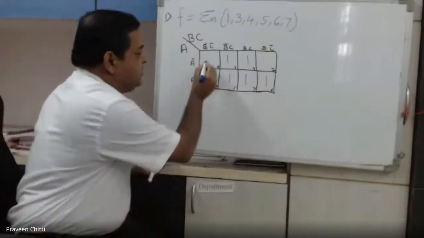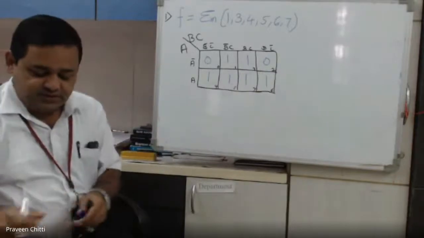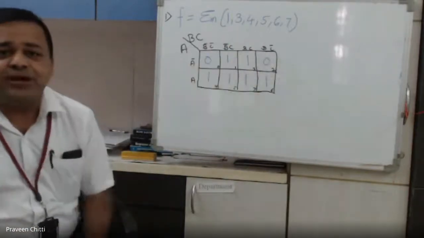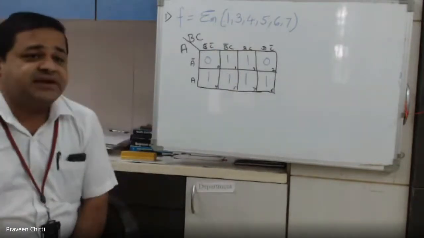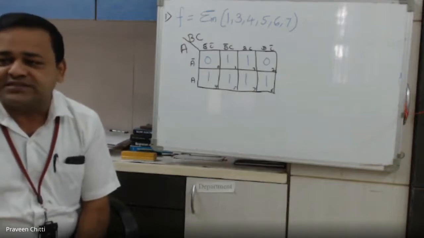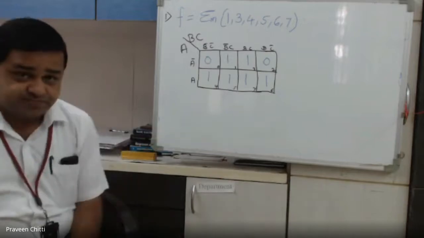I enter 1 there, and the remaining I enter zeros. Here they have given only minterms, so enter 1 for these minterms and 0 in the remaining cells, because there are no don't cares given. Is it fine? This is the third step.